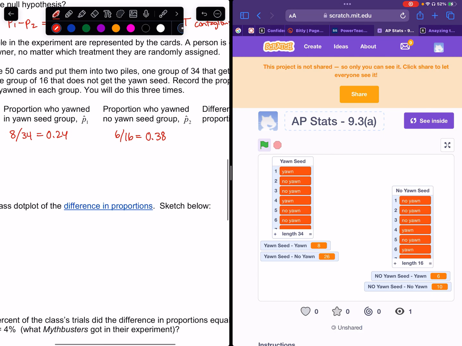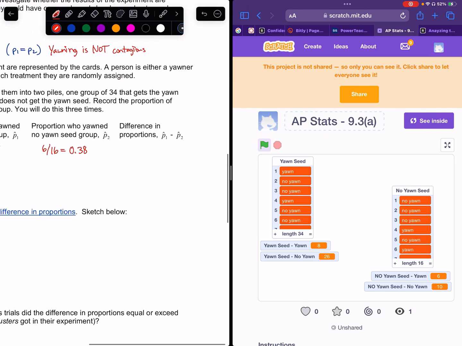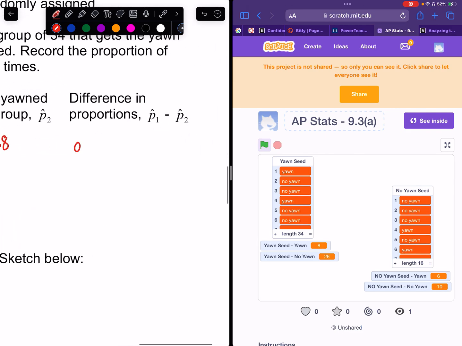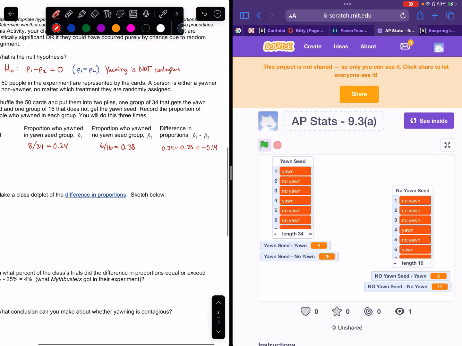So to find the difference, p hat 1 minus p hat 2, we had 0.24 minus 0.38, which is negative 0.14. And then we're going to do that 3 times.